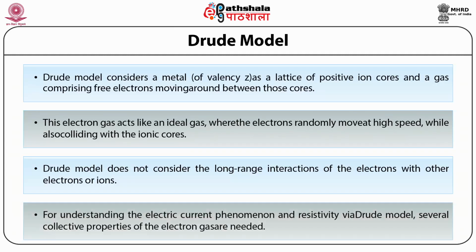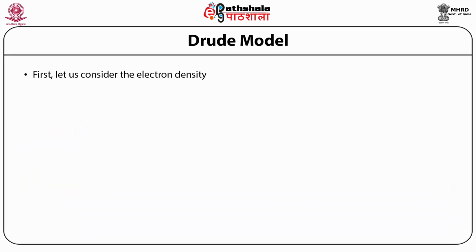For understanding the electrical current phenomena and resistivity via the Drude model, several collective properties of the electron gas are needed. First, let us consider the electron density. Ne is equal to the number of electrons per volume. This is given as equation 1.